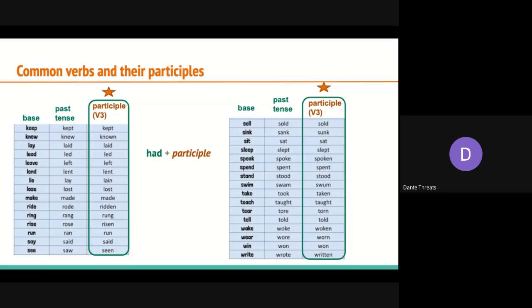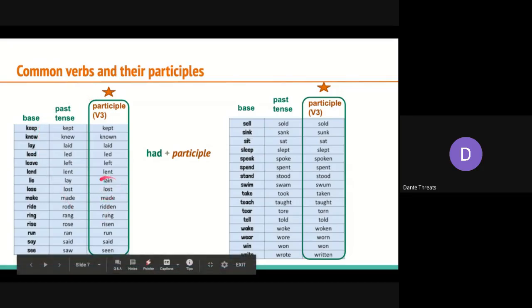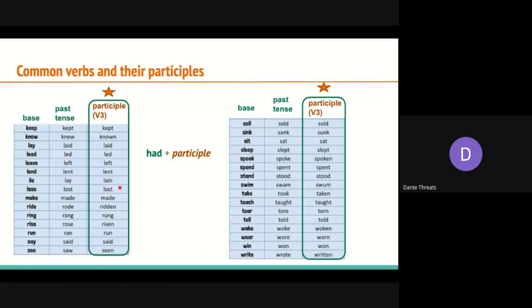Okay. So, I have a question. What is the past participle of the base verb lose? Is it lost? Good. Okay. What is the past participle of the base verb swim?